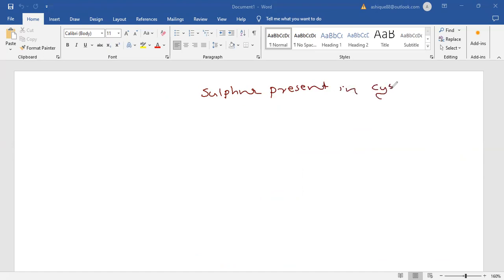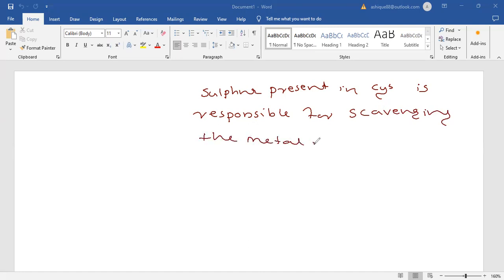The sulfur present in cysteine is responsible for scavenging the metal and storing the chemical in the vacuole. That remediation is known as phytoremediation.